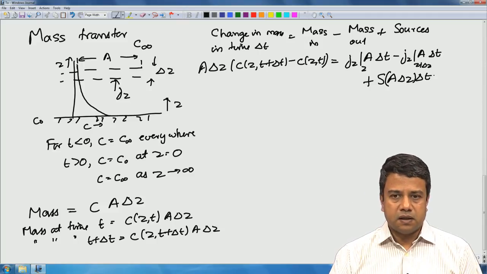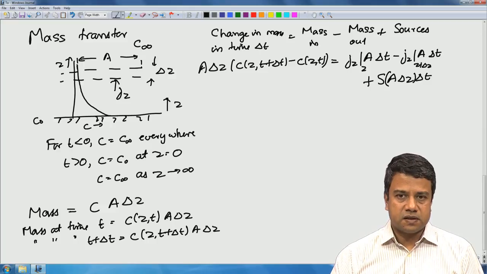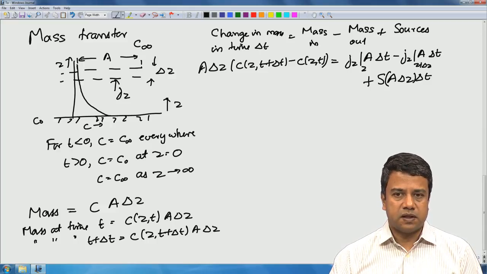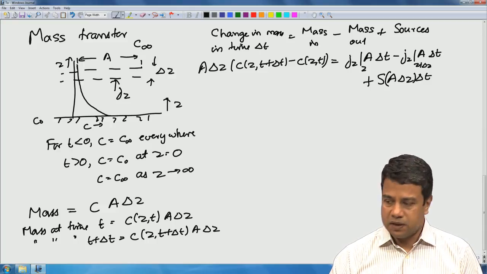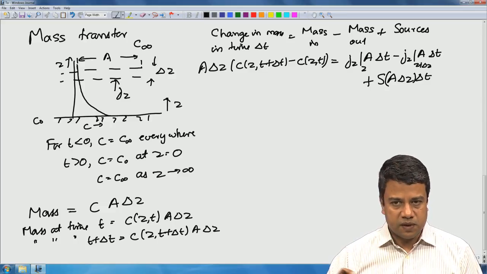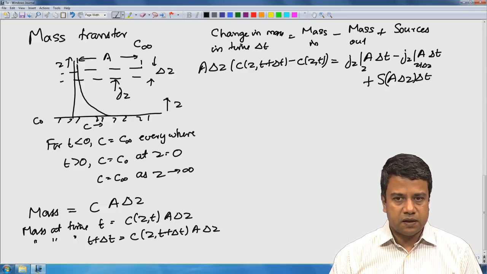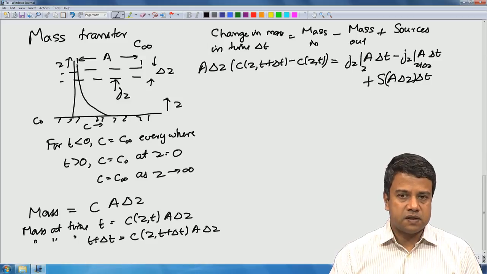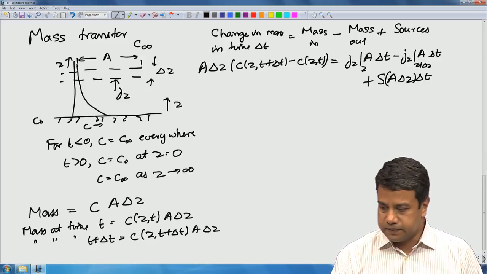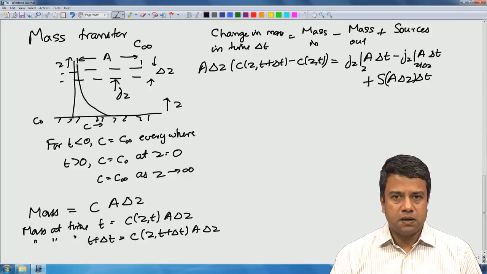S is the rate of generation of mass per unit volume, the time rate of generation per unit volume. Multiply that by the volume, multiply that by the time interval to get how much mass has been generated within this volume within the time interval. So, this is the balance equation.